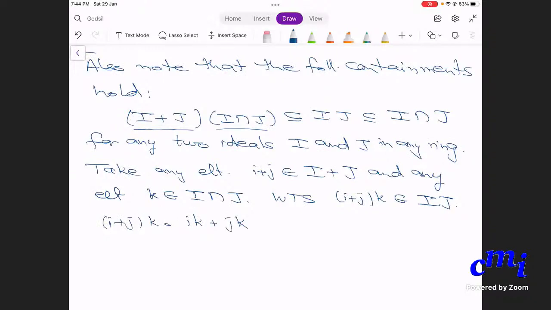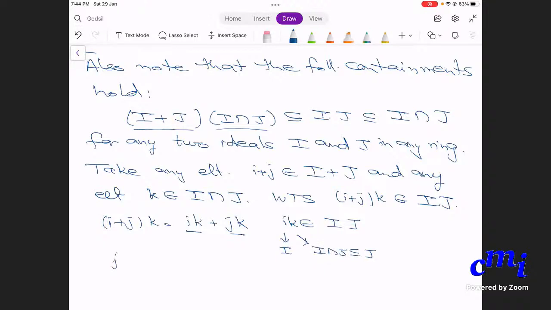Now, I'll show that both these terms belong to IJ. ik belongs to IJ because this i belongs to I and this k belongs to I ∩ J, which is contained in J, of course. Right? So ik belongs to IJ.